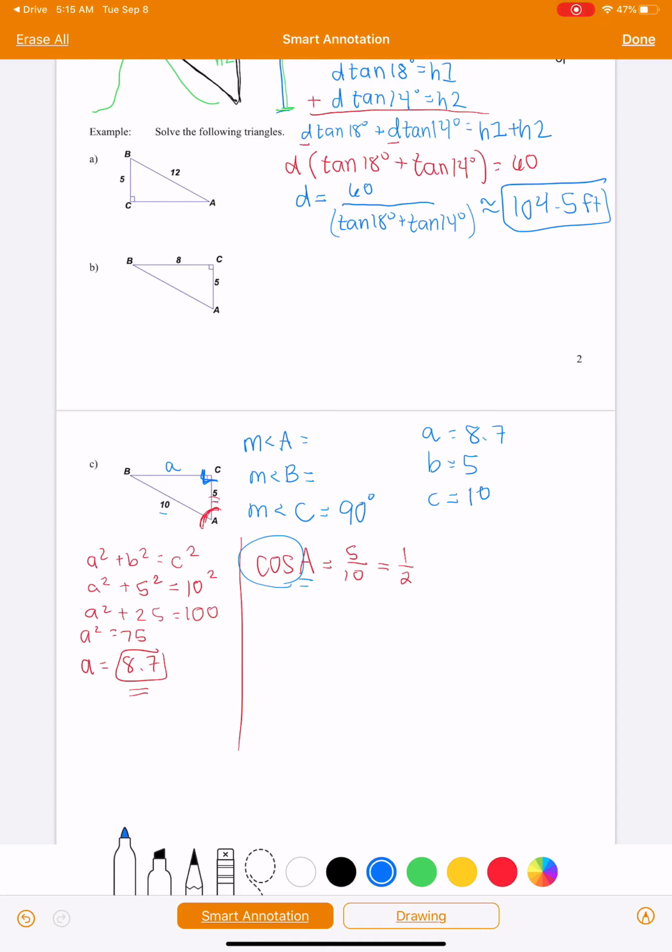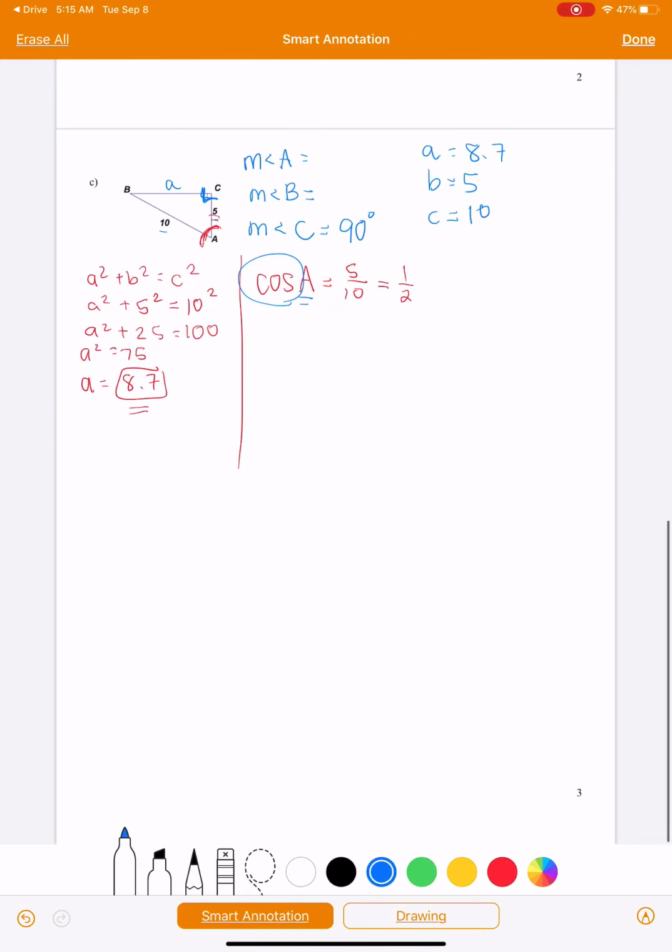Well, how do we get rid of cosine? Well, think about a little side example down here. If we have, let's say, 4 equals 1/2 x, I'm just making this up, and we want to solve for x. Well, how do we get rid of this 1/2 in front of x?